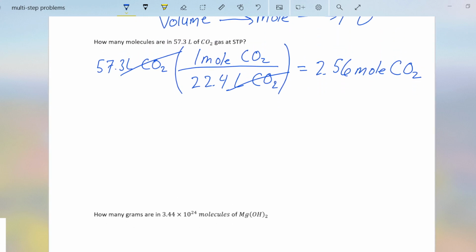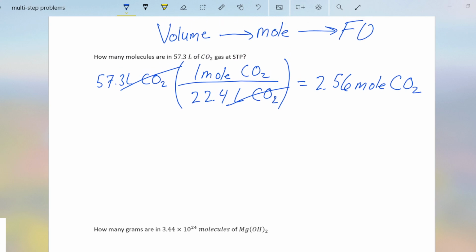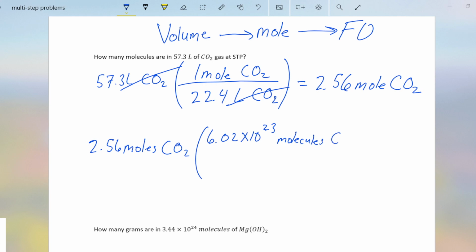Now I've done my first conversion, so my second step would be to take my answer, which is 2.56 moles of CO2, and convert that from moles. We're leaving Mole Island now, and we are going to FU Island. So we have to take our 6.02 times 10 to the 23rd, that's Avogadro's number, and this will be molecules. 6.02 times 10 to the 23rd molecules of CO2 divided by 1 mole CO2.